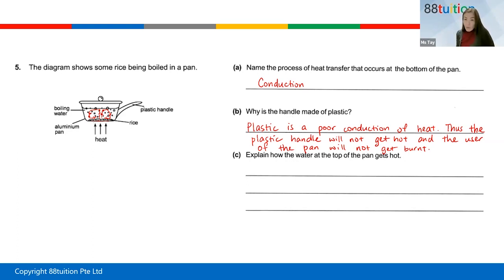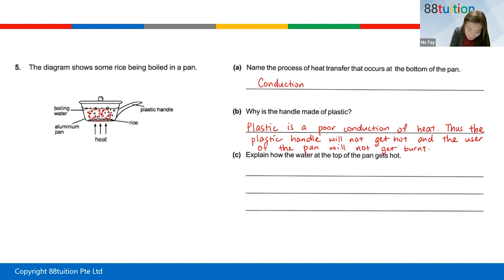Okay, so now you have to talk about how the water at the top of the pan gets hot. Remember just now I actually described to you, right? So you have to give a very complete answer. You have to say that the aluminum pan, which is hot, transfers the heat to the rice via conduction. Then after that, you say that the water at the bottom of the pan will get the heat from the rice also via conduction.